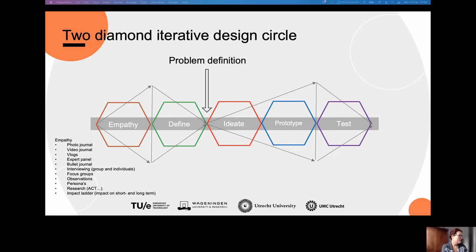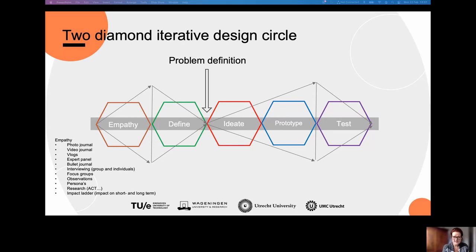This two-diamond model is called design thinking, and it gives you more flexibility. It's a method, but it's also a philosophy. It's a way of looking at your problem, and not only looking at your problem from different perspectives, but the most important starting point is actually your user.